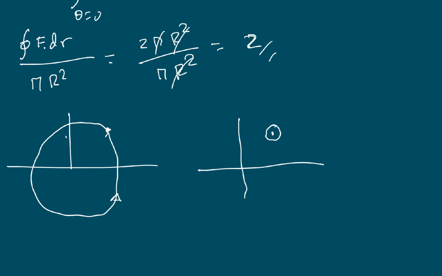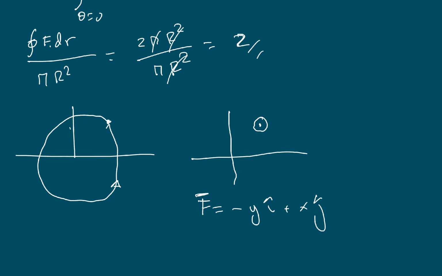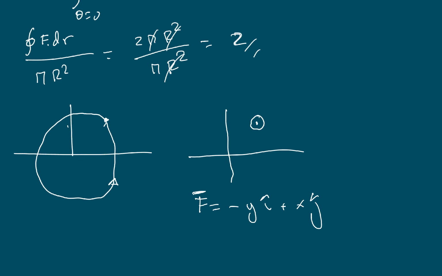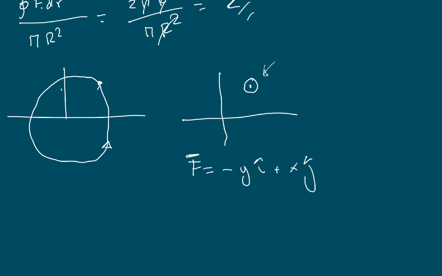Can we do it? So at any point, if the vector field is the same one, minus y i plus x j, I want to do the line integral here on this point x, y. So this is the vector field that exists at the point x, y.